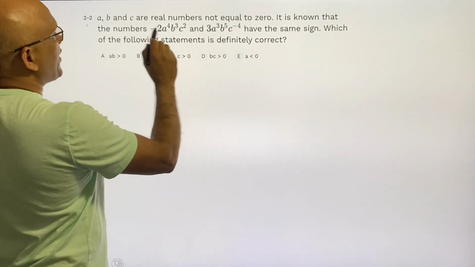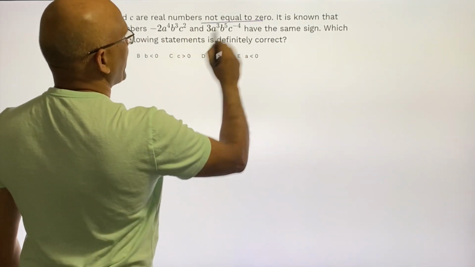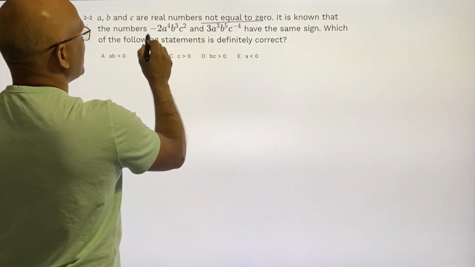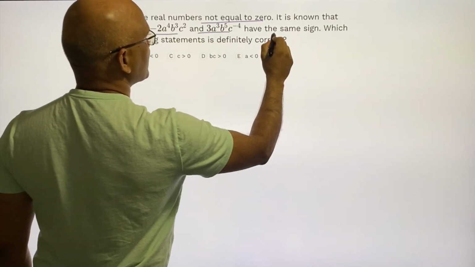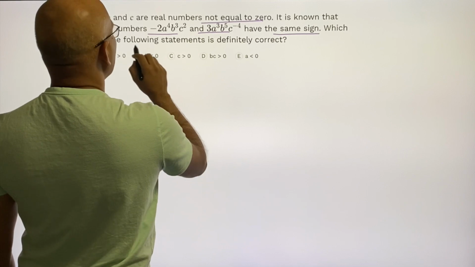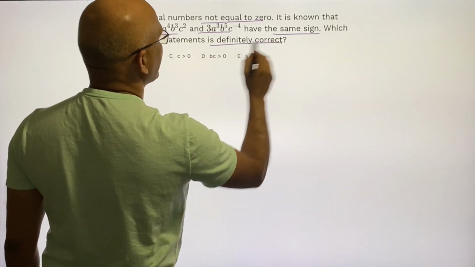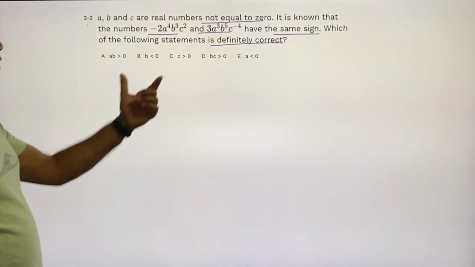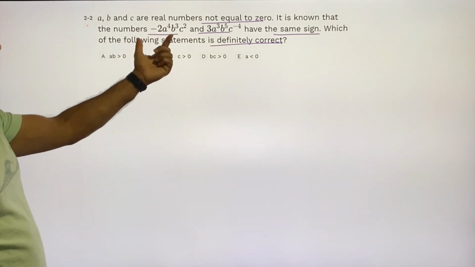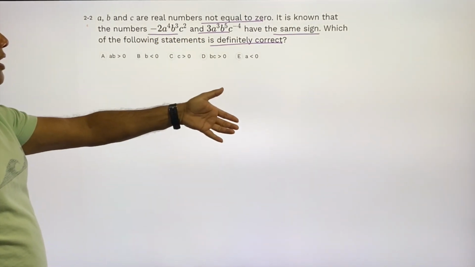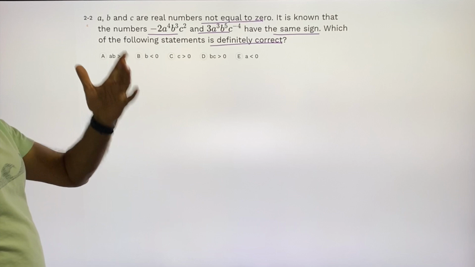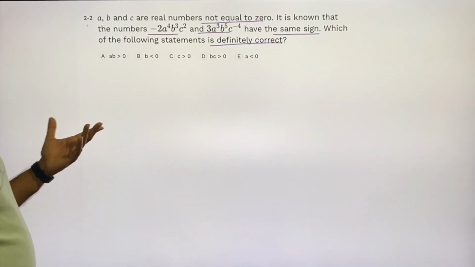A, B, C are real numbers not equal to 0. It is known that this number and this number have the same sign. Which of the following statements is definitely correct? We know that these two numbers, these are expressions, they evaluate to a number, right? So they have the same sign, right?